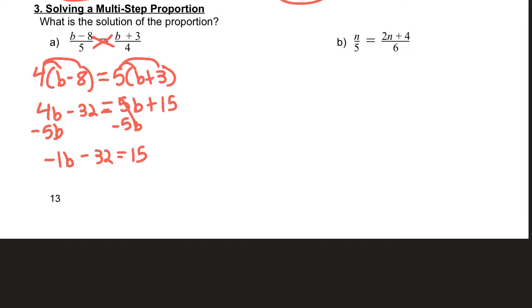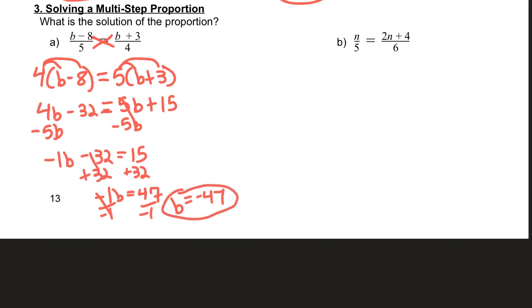Moving ahead to solve that, I would add 32 to both sides. Negative 1b equals 47. So to get done solving this, I would think of dividing both sides by negative 1. So b is really negative 47.